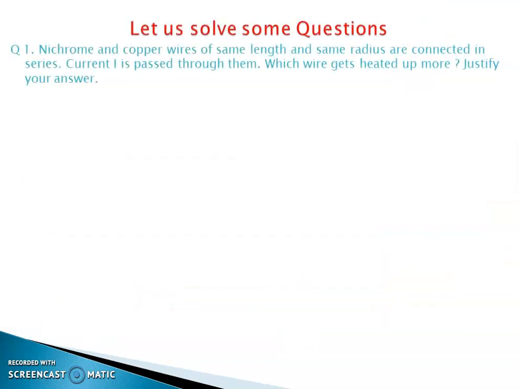Now this is a question. There are two wires, nichrome and copper wire, of the same length, same radius, meaning both wires have the same dimensions, and a current I passes through them. Which wire will heat up more? Justify your answer. You know that nichrome is an alloy, copper is a conductor.